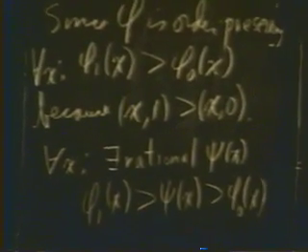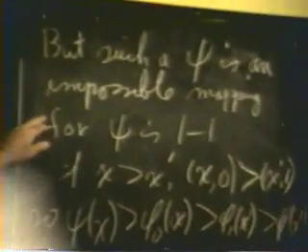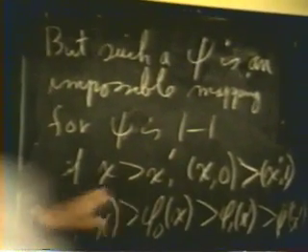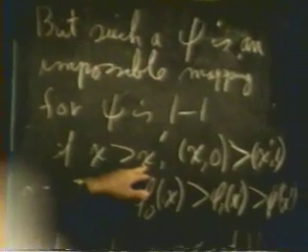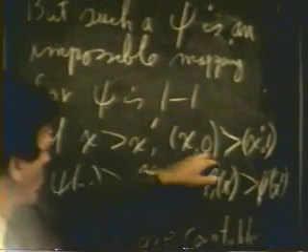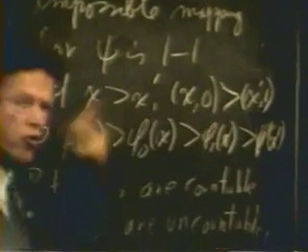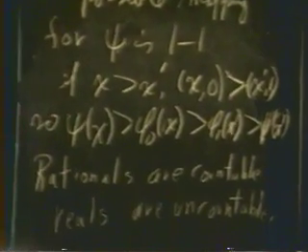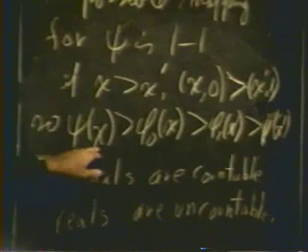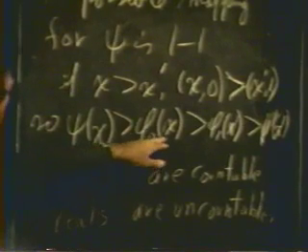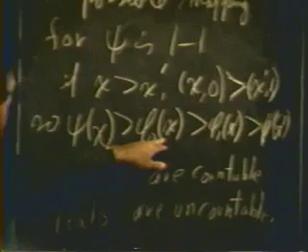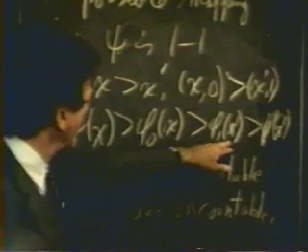Why is it impossible? Well, first we note that psi is a 1-1 function. Why? Because if x is greater than x prime, it's easy to see that x0 is strictly greater than x prime 1 because we look at the first coordinate now. So that means that phi 0 of x is greater than phi 1 of x prime.